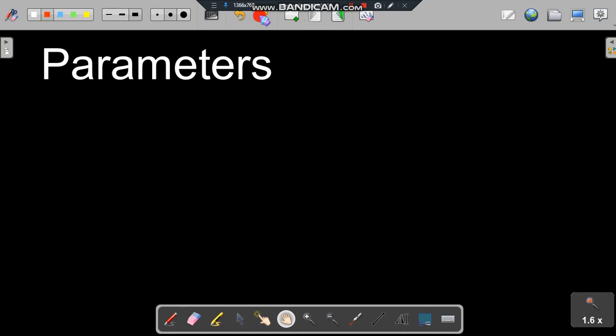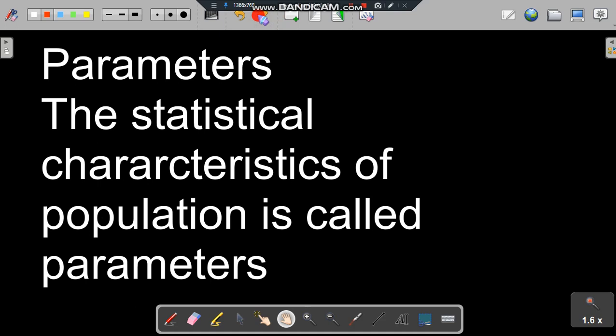We are interested in studying the characteristics of some population, and those characteristics we call parameters. Parameters are nothing but the statistical characteristics of a population.